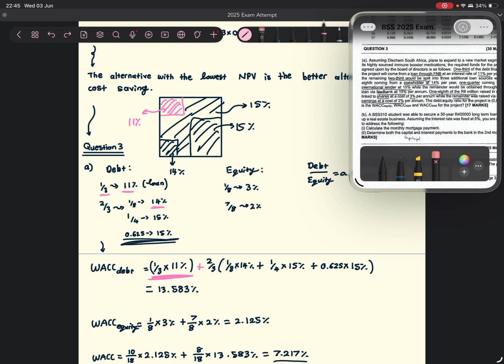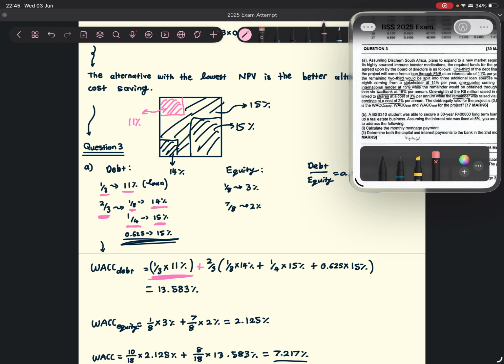So this 14% makes up 1/8 of this 2/3, so its actual weighting is going to be 2/3 multiplied by 1/8. And then same goes for this 15%. So this 15% consists of 1/4 of this 2/3, so its actual weighting is 2/3 times 1/4, and so on and so forth. If you didn't really get that, it's fine.